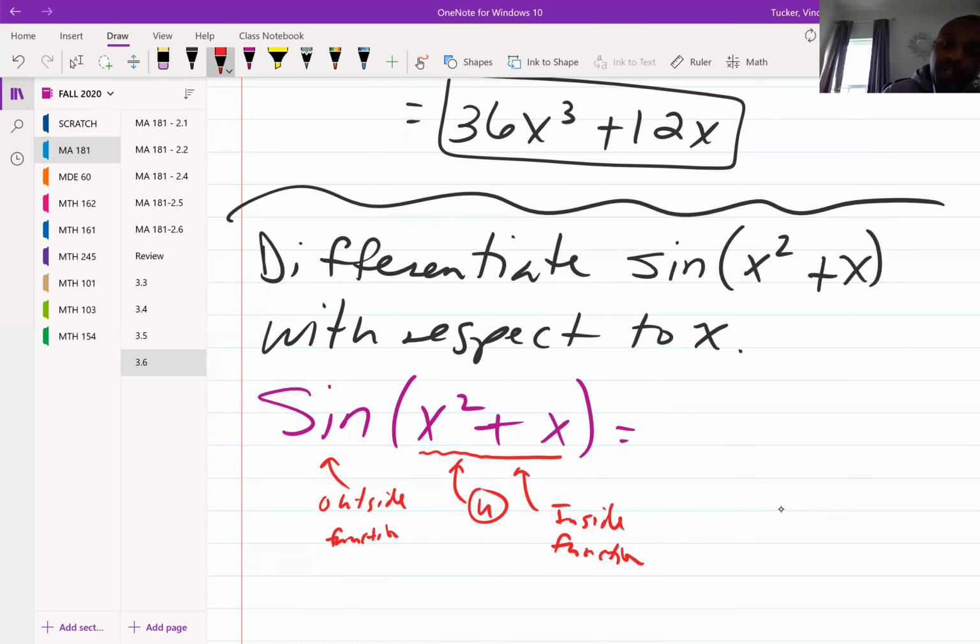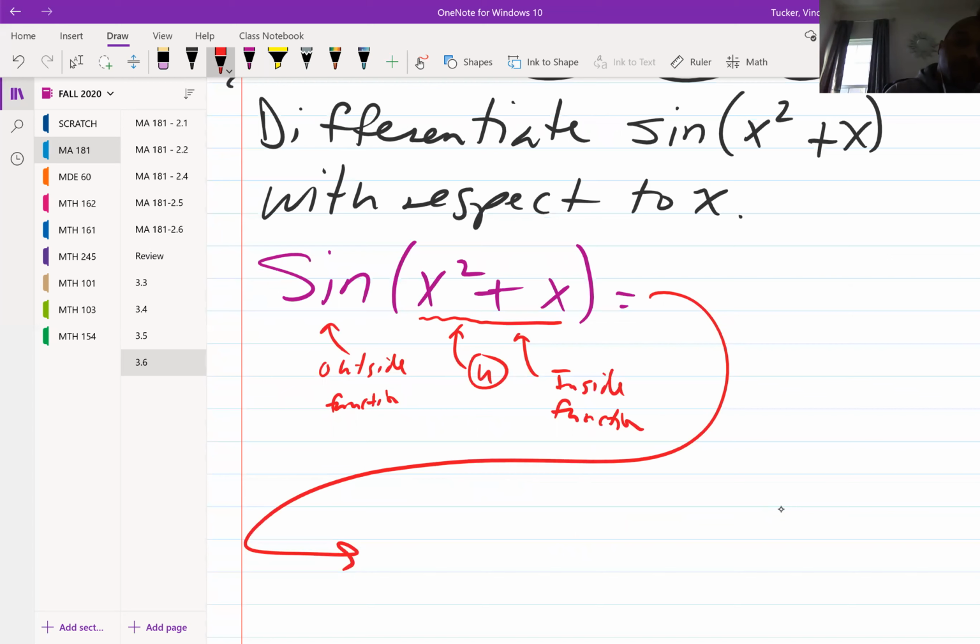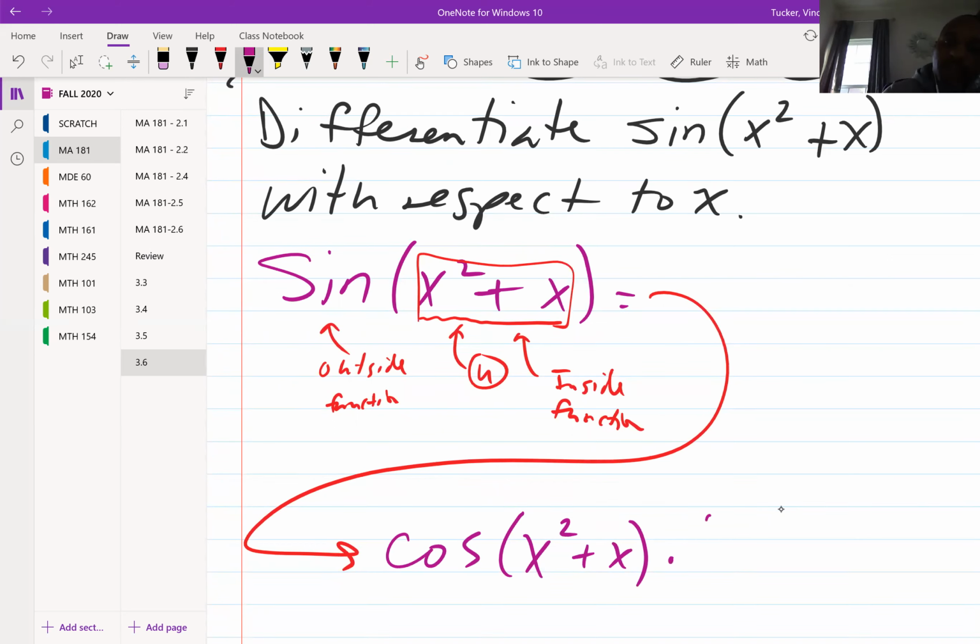So take the derivative of the outside, derivative of sine is cosine. I'm going to bring it down. So that's cosine of x squared plus x times, now the derivative of the inside, take the derivative of both of these individually. So that'll be 2x plus 1.